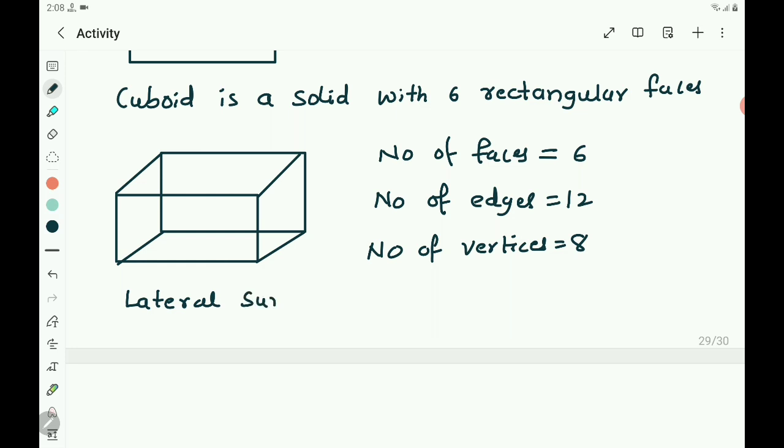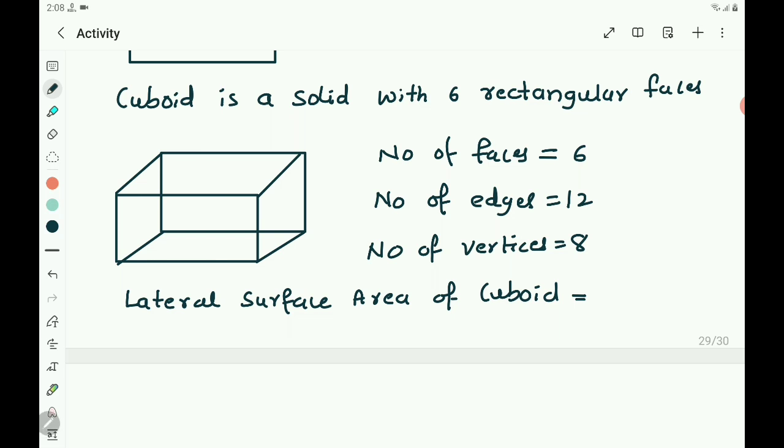Lateral surface area of cuboid. Here it is to be expressed in terms of L length, B breadth and H height.